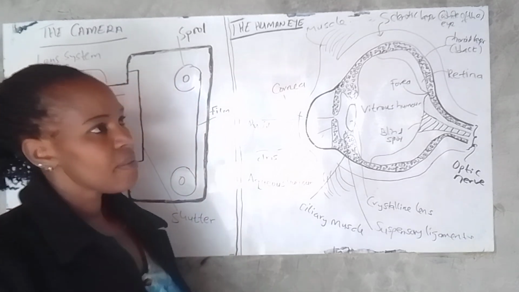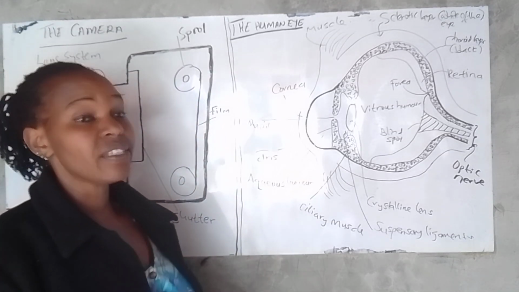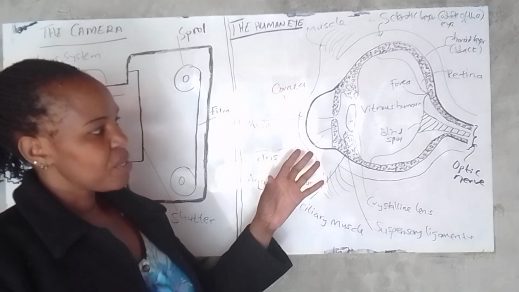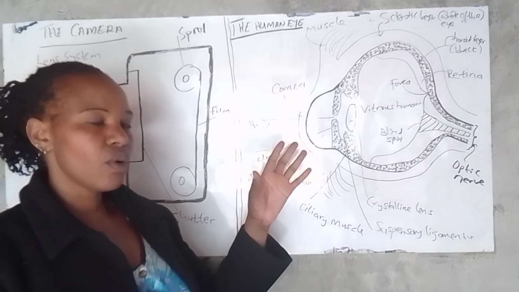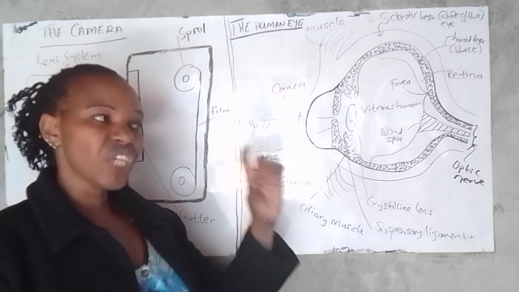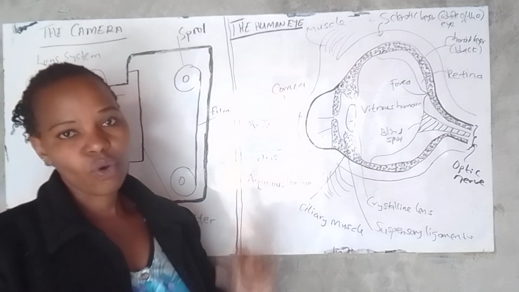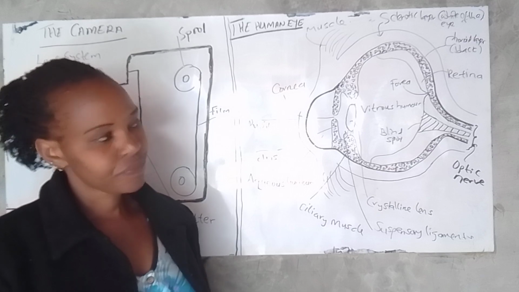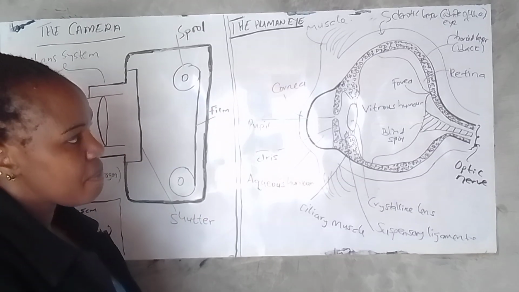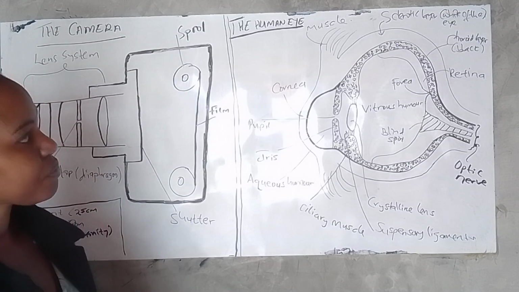So the brain must be able to interpret that image as upright. That's number one. Number two, images forming on the retina are of different sizes. The brain must also be able to judge the exact size of that image. So that is the optic nerve. It is the one that takes the image to the brain.